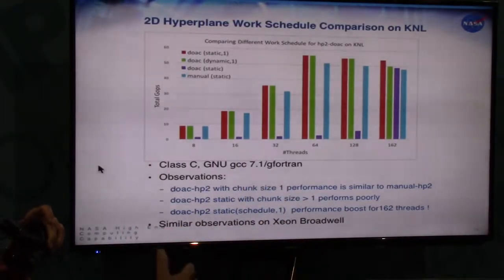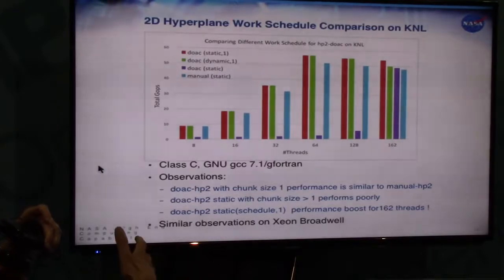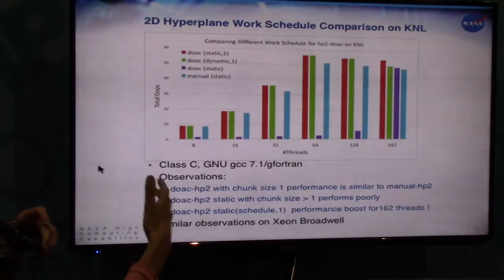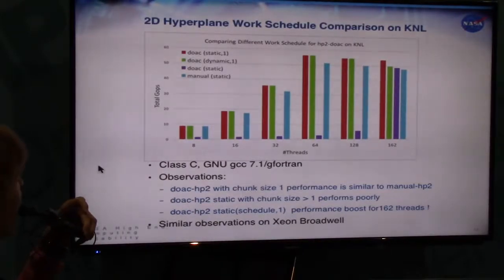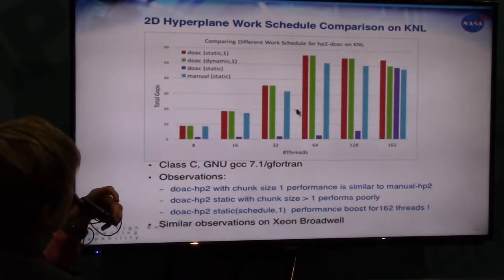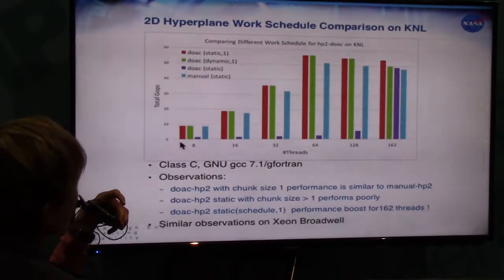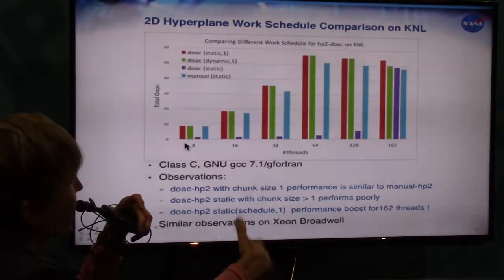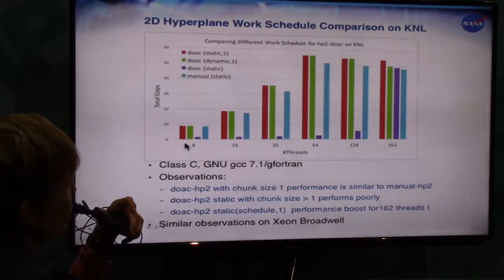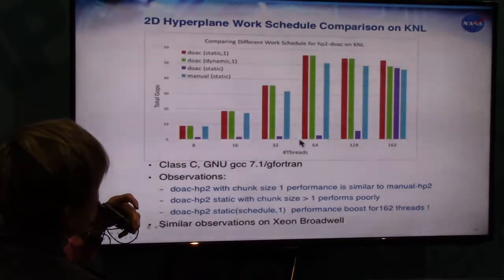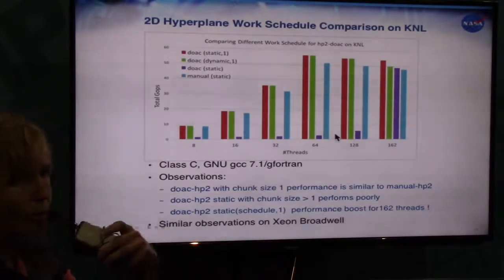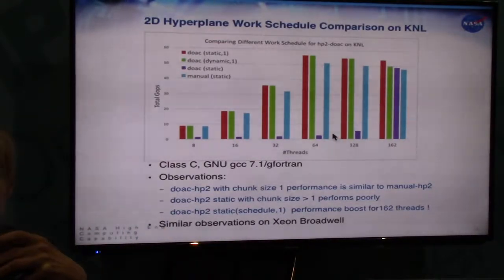On KNL, we compared static and dynamic scheduling with chunk size 1 and just a default, which would be static with default chunk size. And as you see, the static with default chunk size, which is just chopping up the iteration space into about equal sizes for each thread, is very, very poor compared to everybody else.